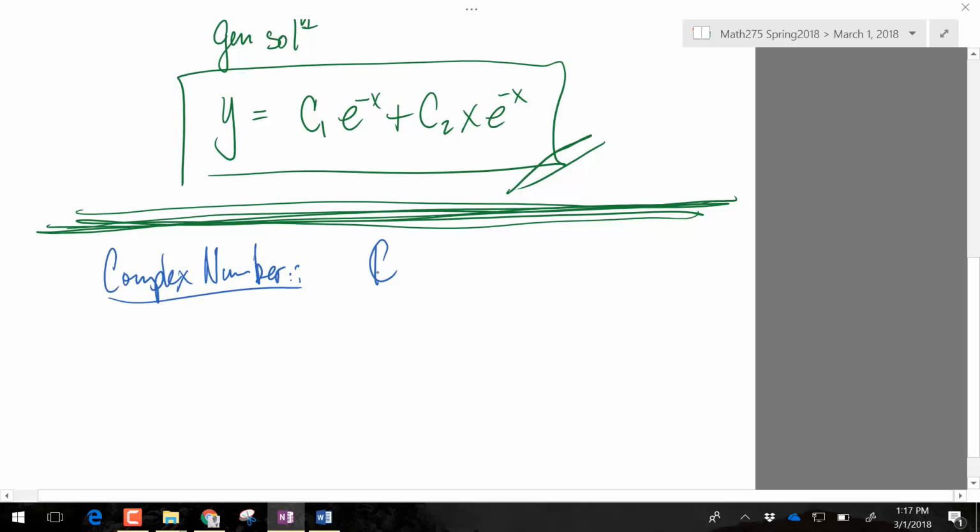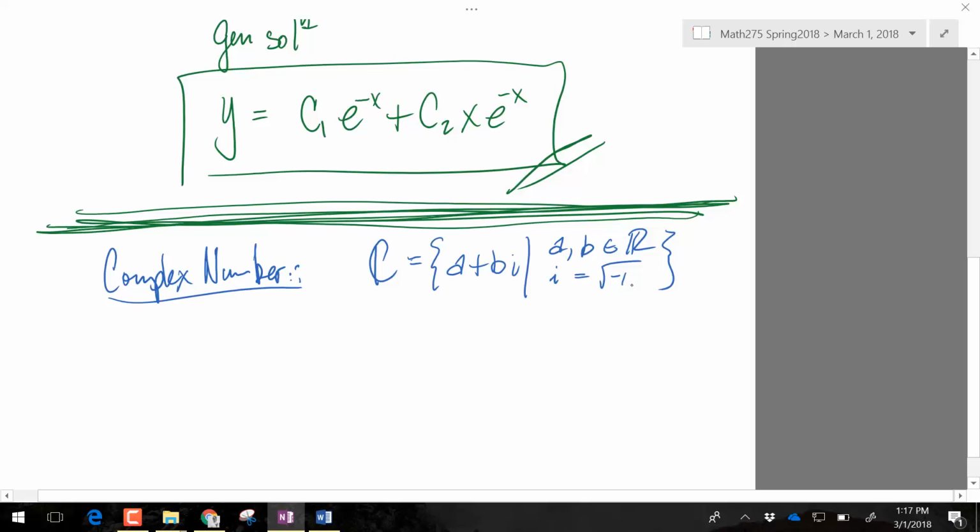So a complex number is a number of the form, instead of an R with a vertical line to be all the real numbers, they use a C with a vertical line. The set of all complex numbers is going to be a plus bi, where a and b are real numbers, and i equals that imaginary number, square root of negative 1.